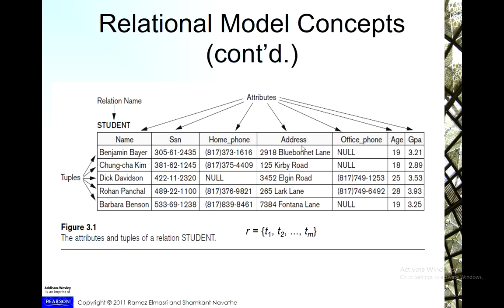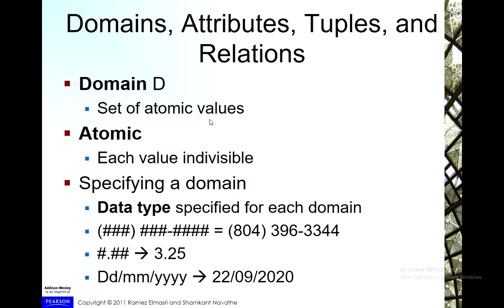But once I divide it and it becomes an attribute, then at that time it will be indivisible. So each attribute, after it has been set as an attribute, the value of this domain cannot be divided.